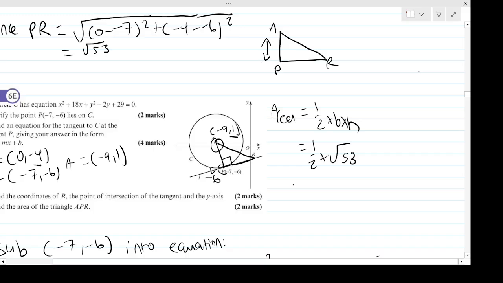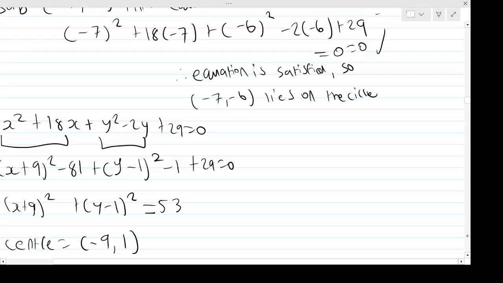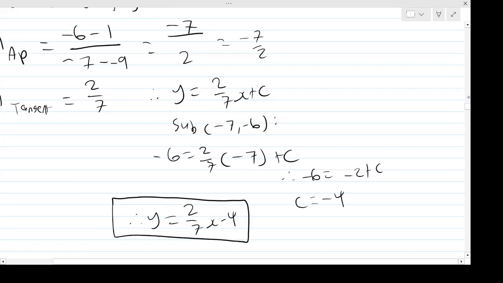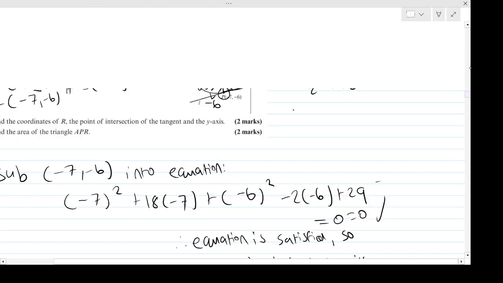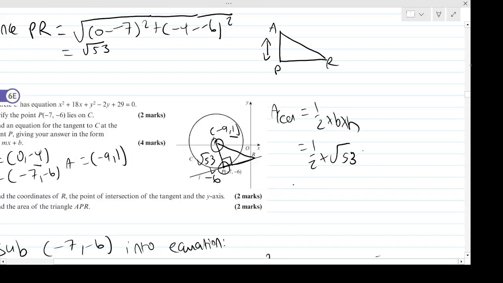It's from the centre A to the outside of the circle P, and we know the radius is root 53 because we worked out the area of the circle here, and radius squared was 53. That means the radius alone would be root 53. Okay, cool. Therefore the height is root 53, so we get 53 over 2 units squared for the area.